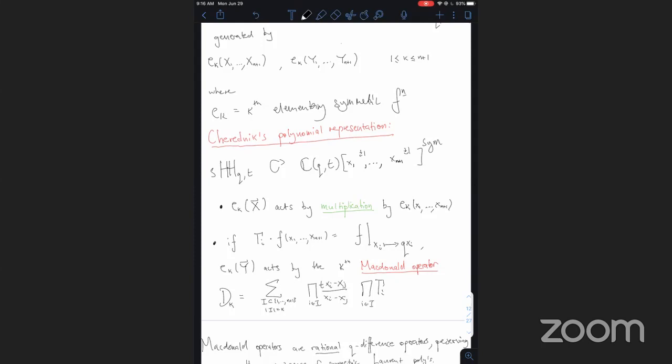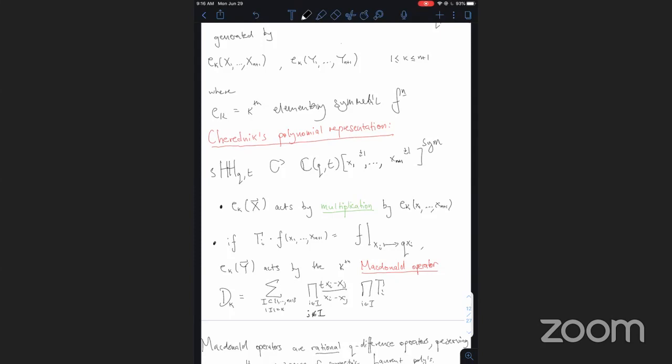And the way that it looks, the kth one of these Macdonald operators is gotten by summing over all k element subsets of, if you like, our n plus 1 points, 1 up to n plus 1. Then we have a product, one of the indices of which is missing my formula, so let me add it in. So we take the product over all elements I in the subset, I, and all elements j that are not in the subset, so kind of a rectangular product of size k by n plus 1 minus k.